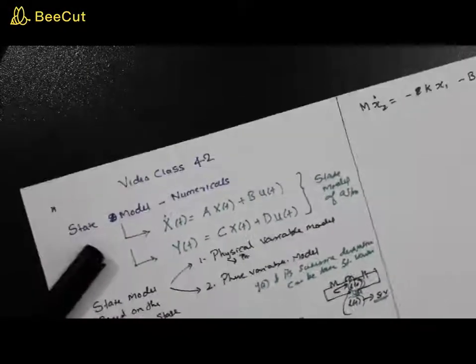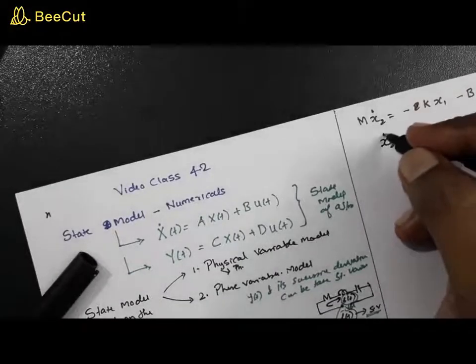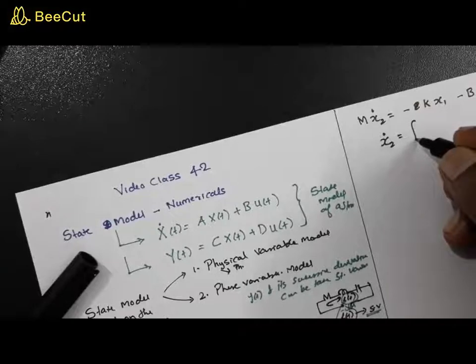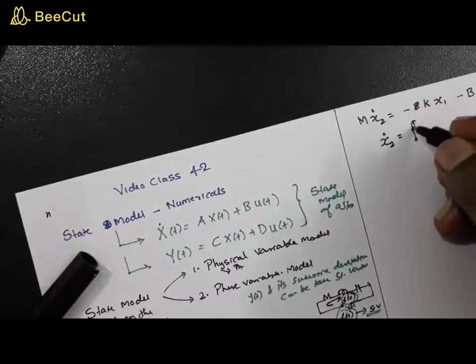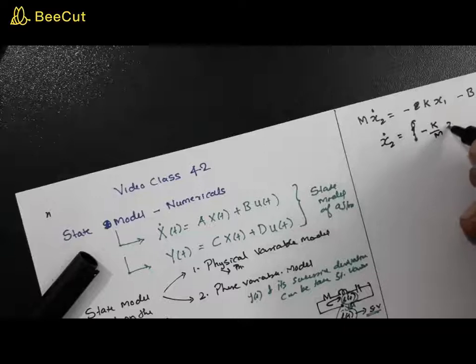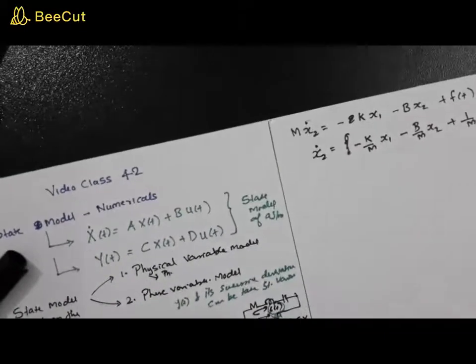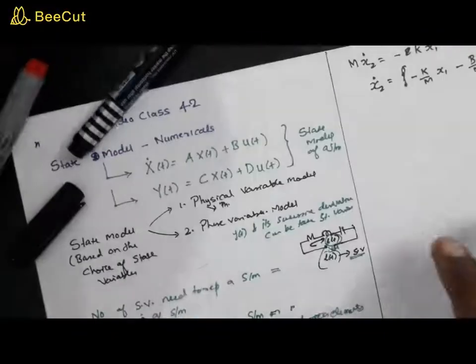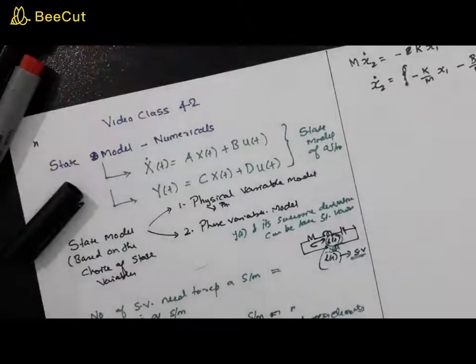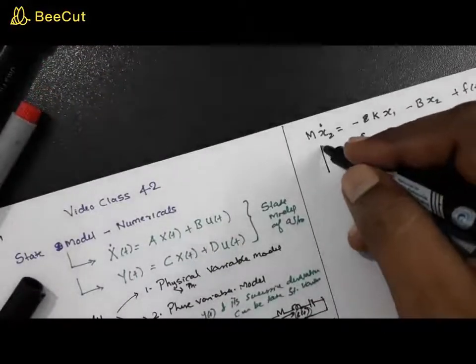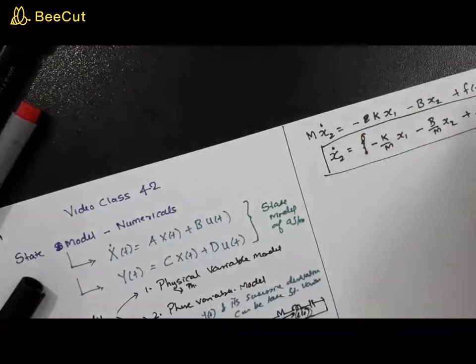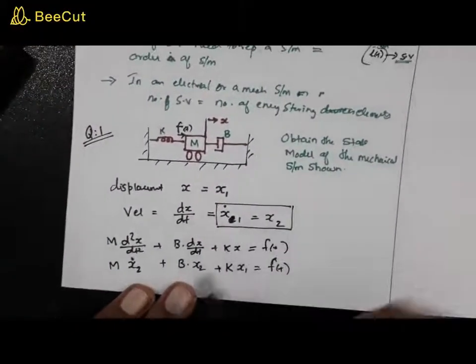So x2 dot is equal to minus k by m into x1, minus b by m into x2, plus 1 by m into f of t. So you got two equations: one is x1 dot is equal to x2, and the other is x2 dot is equal to this expression. From this you have found the first derivative of the state variables that we assigned.